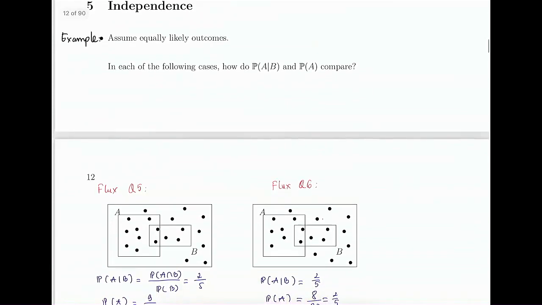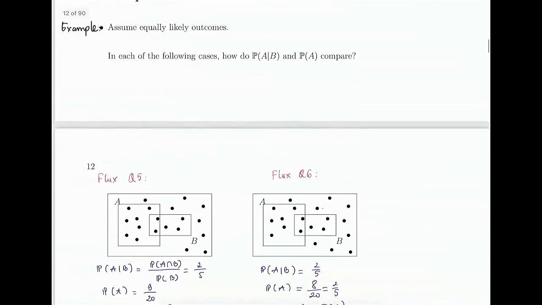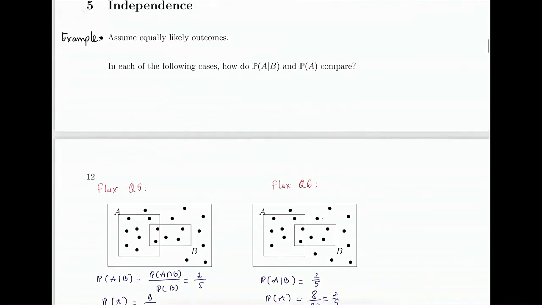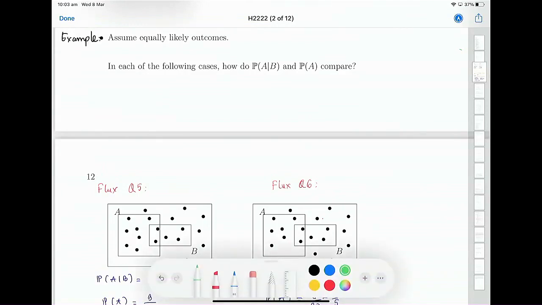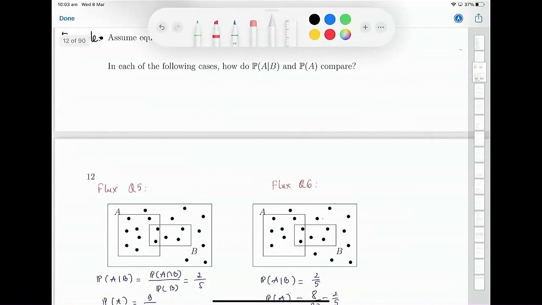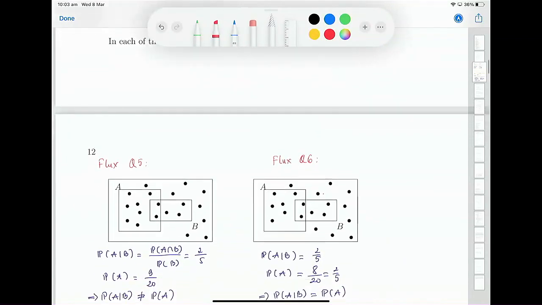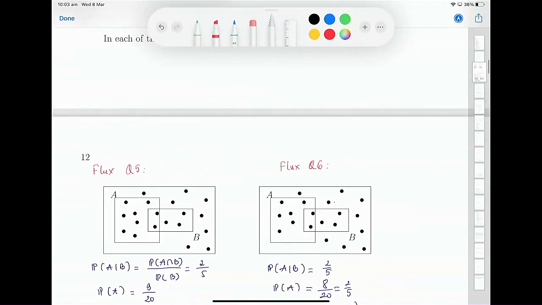Okay, so here is the answer for the probability of A given B. The probability of A given B in the left hand side picture equals the probability of A intersect B divided by the probability of B. This is the definition of conditional probability, right?